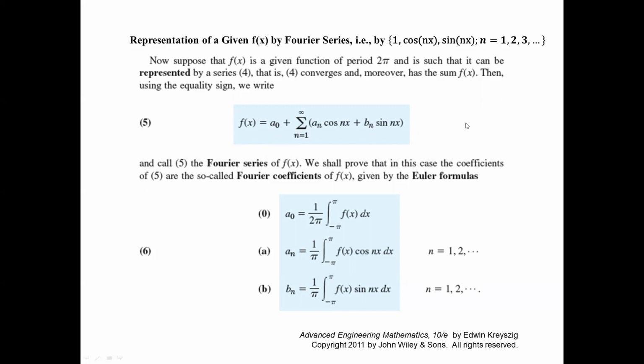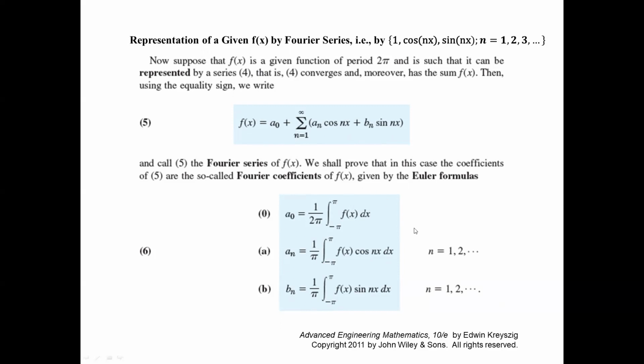And in order to find these 3 groups of coefficients, we can derive this group of equations at the bottom of this slide. This group of coefficients is called the Fourier coefficients, and this representation is called the Fourier representation of f.